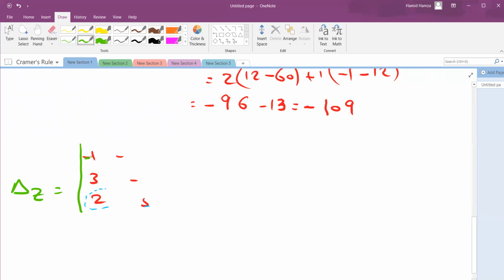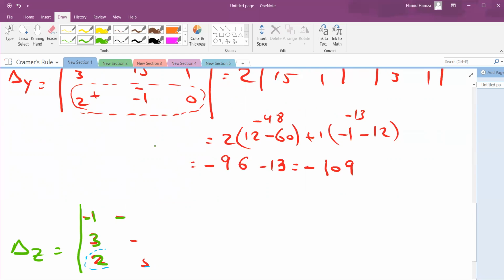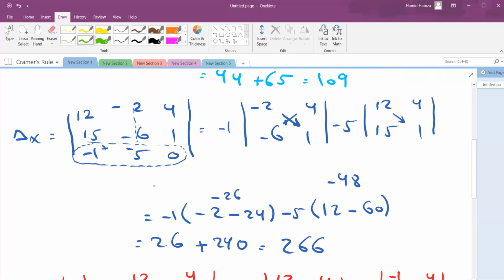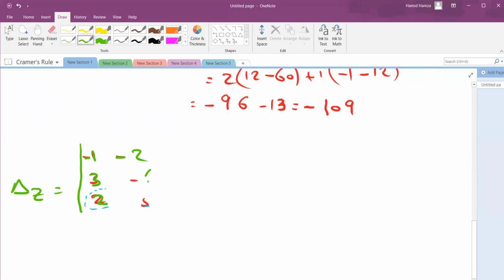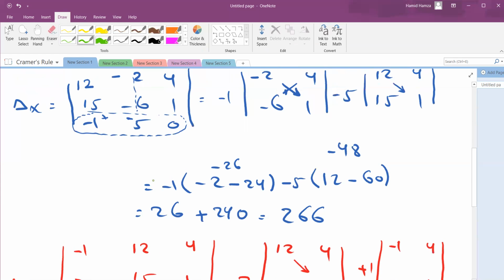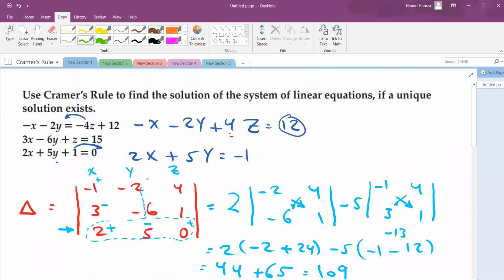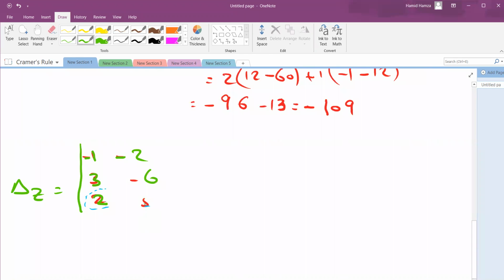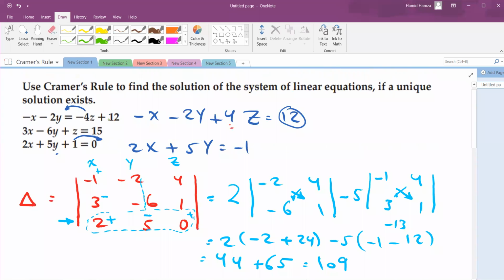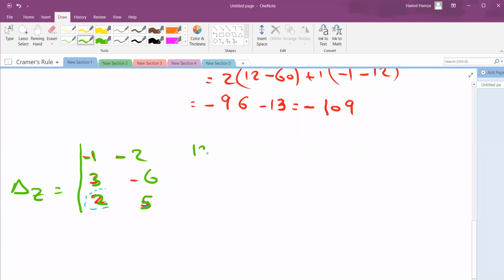So negative 1, 3, 2. This one is negative 2, negative 6, 5. And the last one will be the constants, which are 12, 15, and negative 1.